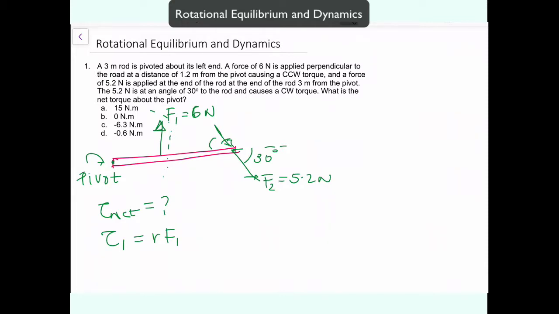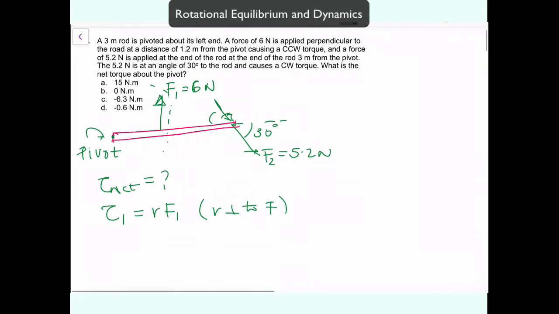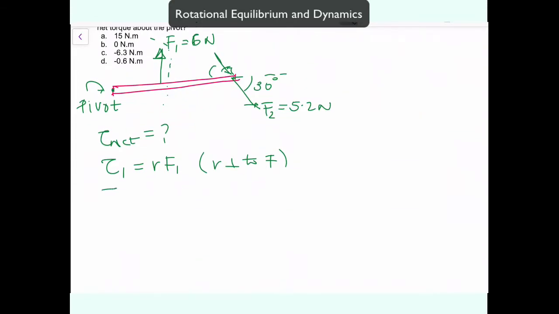Counterclockwise torques are positive and clockwise torques are negative. If force and R are perpendicular to each other, you can simply apply R multiplied by F.